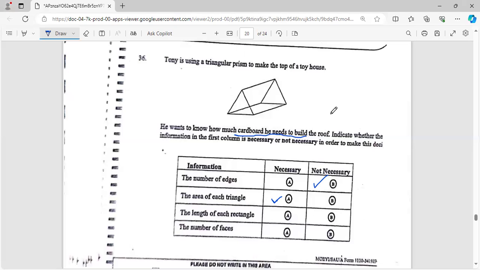Yeah, I think it's necessary. All right, the length of each rectangle. Necessary. Somebody said necessary. Why necessary? The length of the rectangle. But the length basically we get it here.